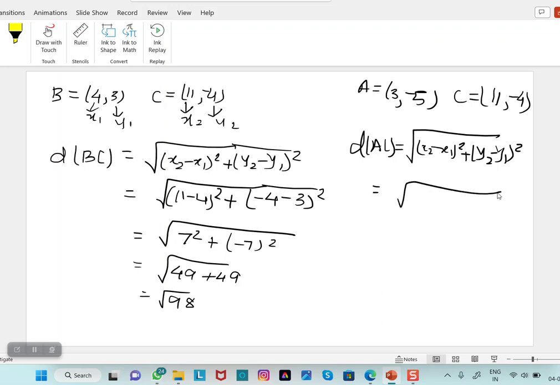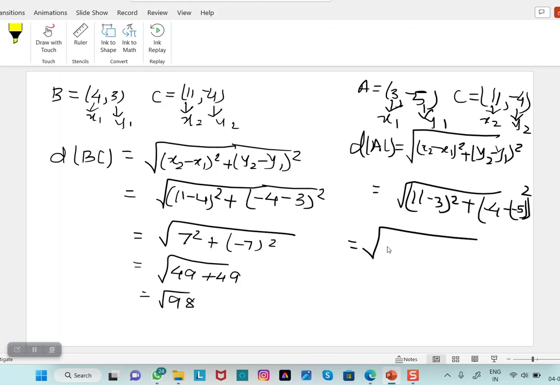In this case, this is x1, this is y1, this is x2, this is y2. So we substitute 11 minus 3 the whole square plus y2, which is -4, minus y1, which is -5, in a bracket. So we get 8 square plus (minus 4 plus 5) the whole square. We get 8 square as 64, and minus 4 plus 5 becomes 1 square.